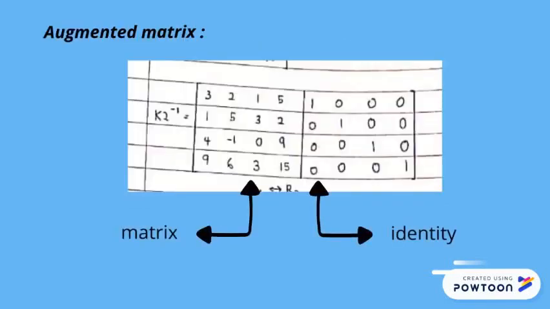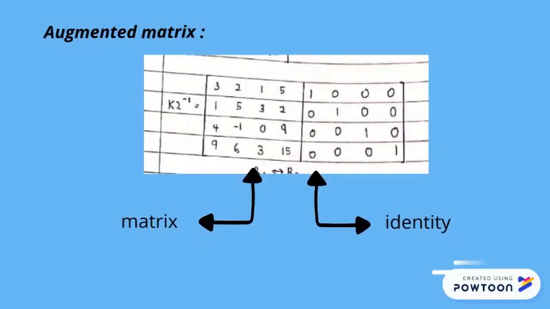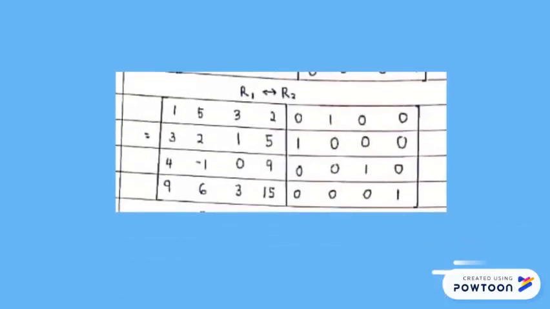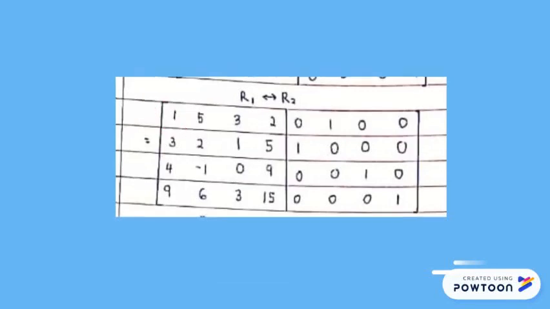So the first step is to form an augmented matrix which consists of the matrix and the identity. Now we are required to perform elementary row operations until the identity matrix appears on the left of the vertical line. As you can see in the diagram, we use the second step, which is interchanging any two rows, to gain 1 in row 1 and column 1.